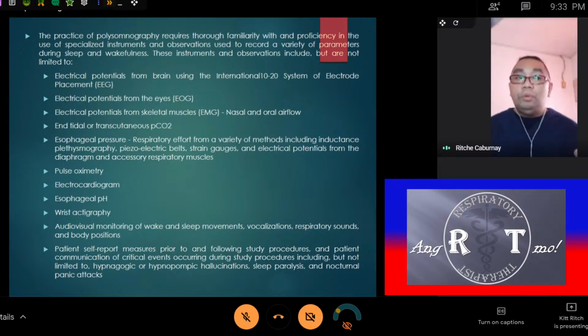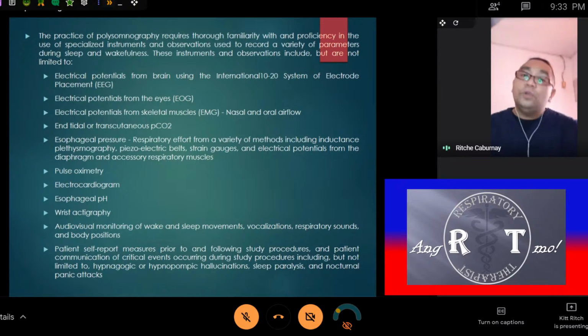Of course, you need to monitor sleep movements, wake movements, vocalization, respiratory sounds, and body positions.